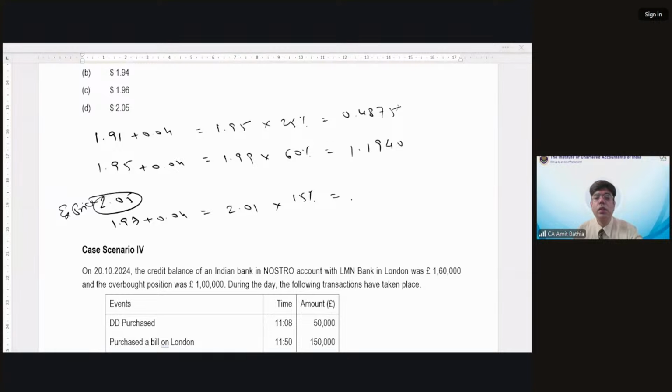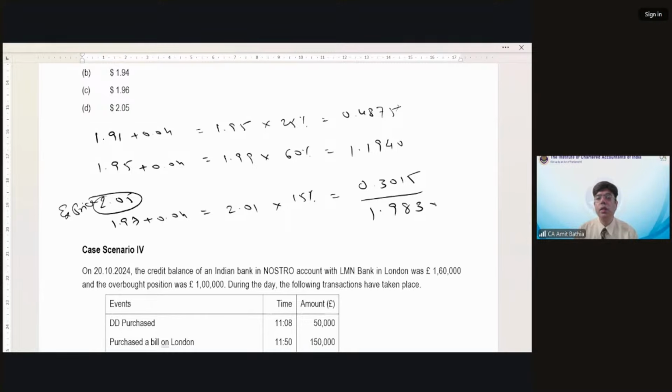Third one is 0.3015. So that comes to 1.983.